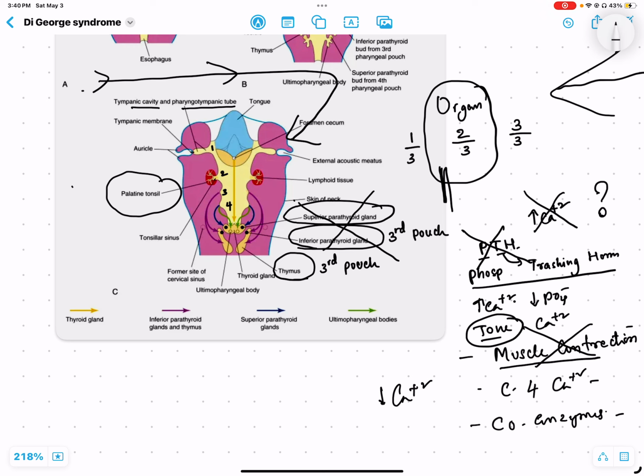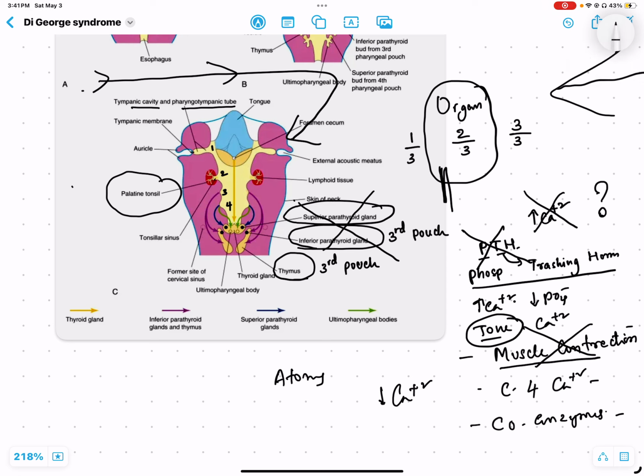Because you don't have calcium, you don't have tone, and that baby will have atony. That's the reason the baby has hypotonia.